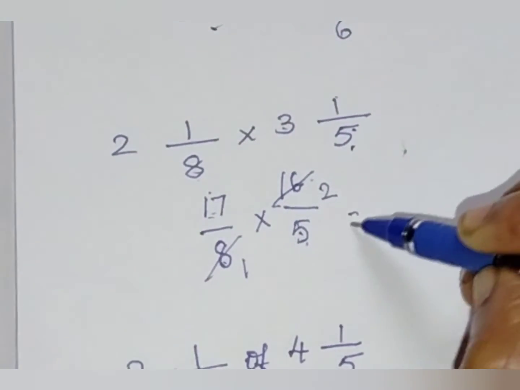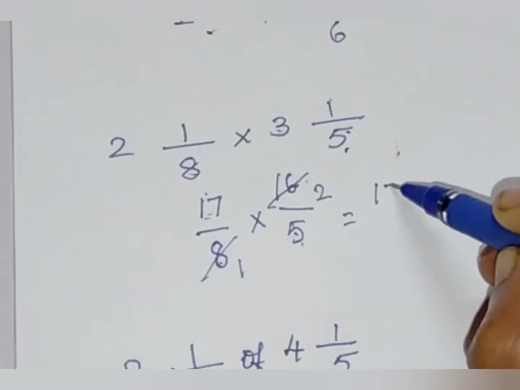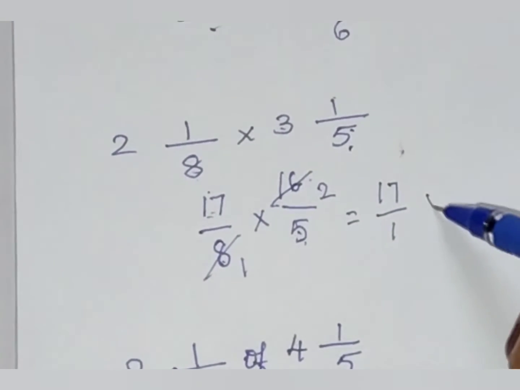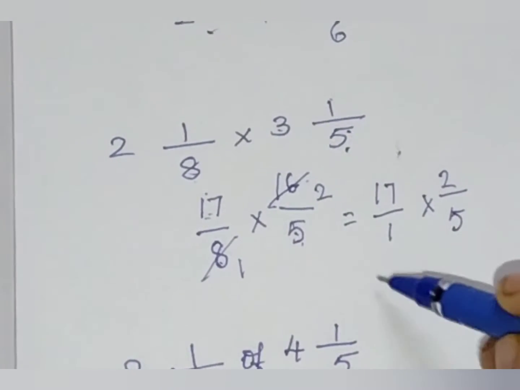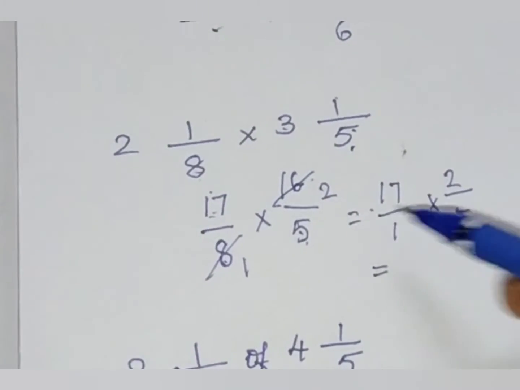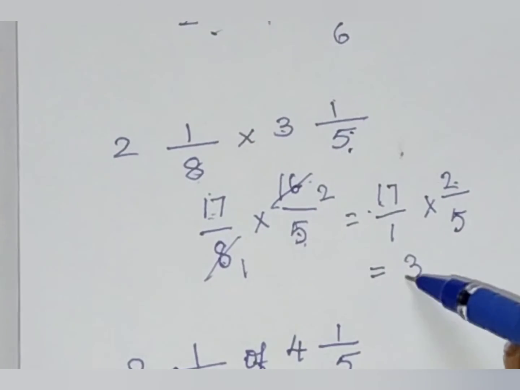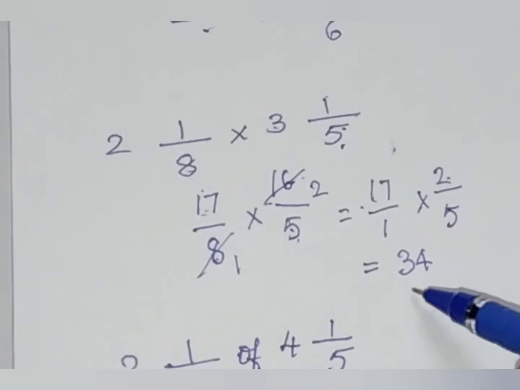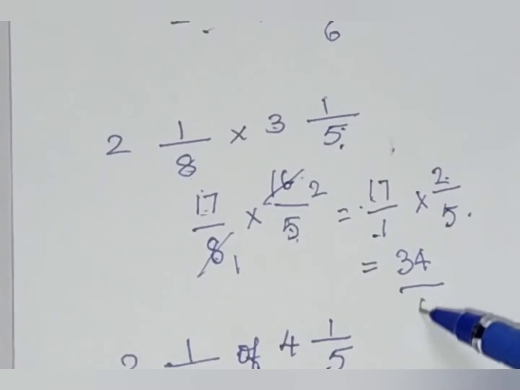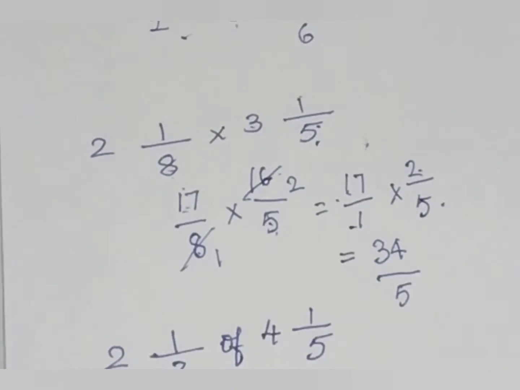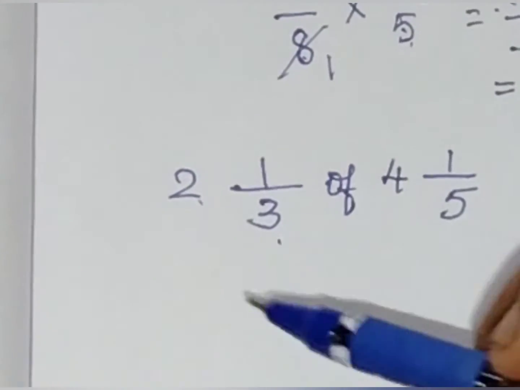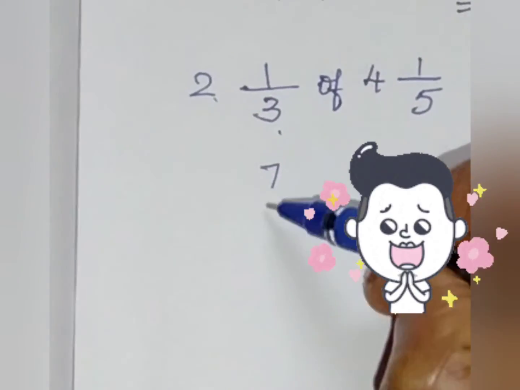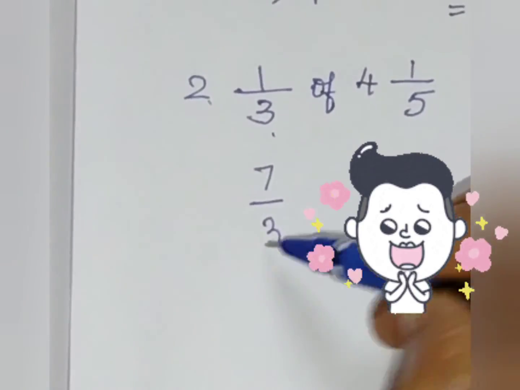Now, there are no common factors. 17 by 1 into 2 by 5 is the leftover now. Now, 17 into 2 is equal to 34 and 5 into 1 is 5. This is our answer.